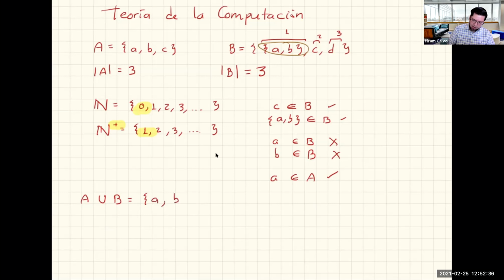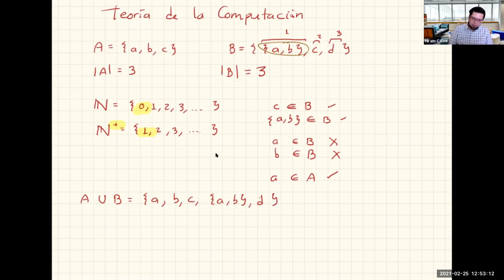Entonces tenemos A, B, C, A, B como un elemento. C ya no lo pongo. I will not repeat this C, which is common to A and B. I will not write it again. Why? Because in set theory, I am not allowed to repeat elements. If I have C already, there is no use to add it again. No se repiten los elementos en un conjunto.